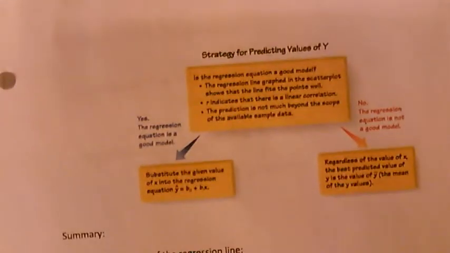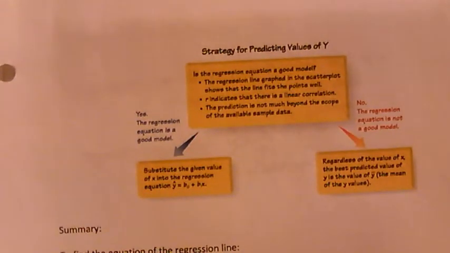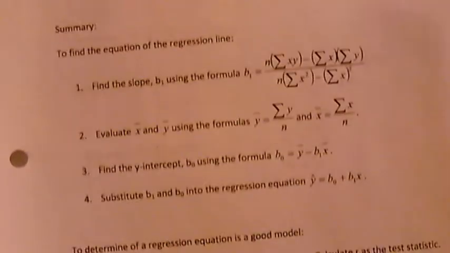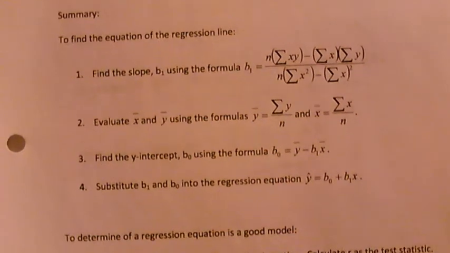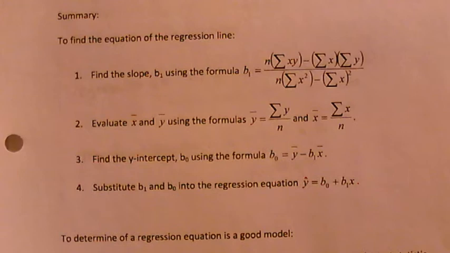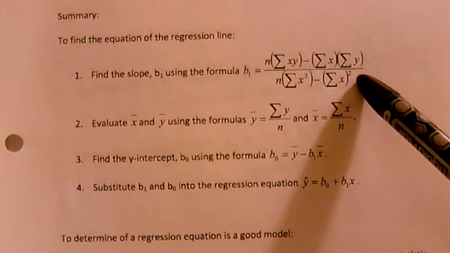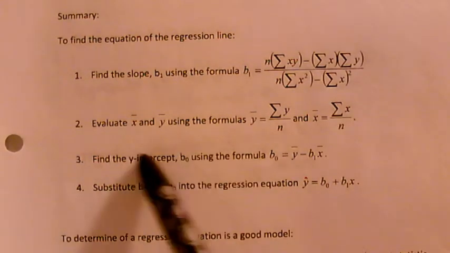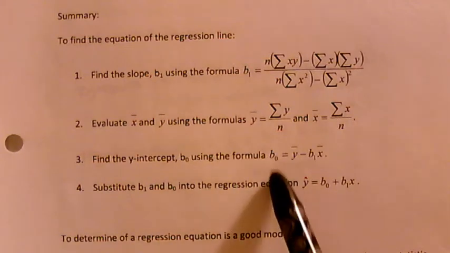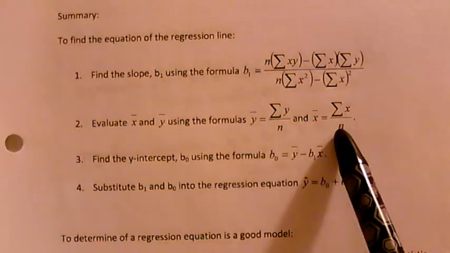All right. Here we have pretty much the strategy for predicting values of y, and that's when you determine whether the regression equation is a good model. In this case, I do have this summary of finding the equation of the regression line, where you're going to be using this formula for b1, and then to find your b sub 0, you have to find out what y bar and x bar are.